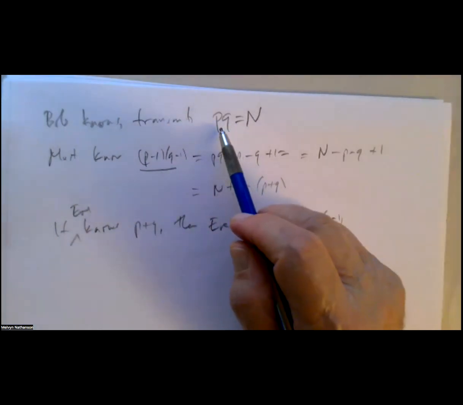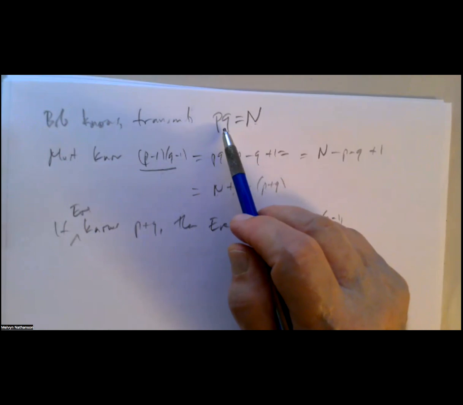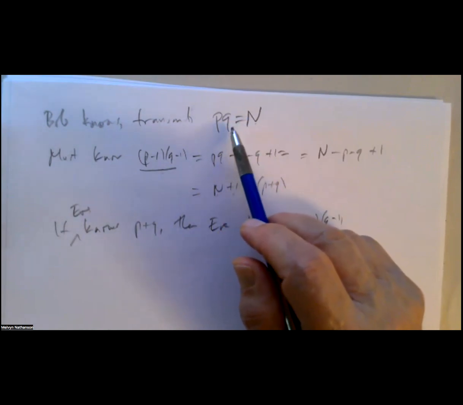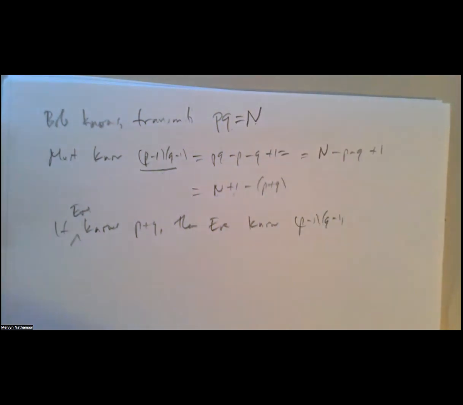It's not necessary to factor N. It's enough to be able to figure out, if N is P times Q, then I know P plus Q. And knowing P plus Q is as hard as factoring. That's the point of this.